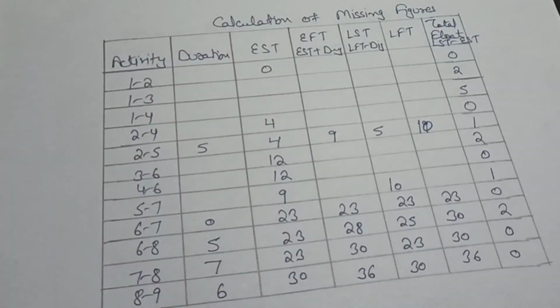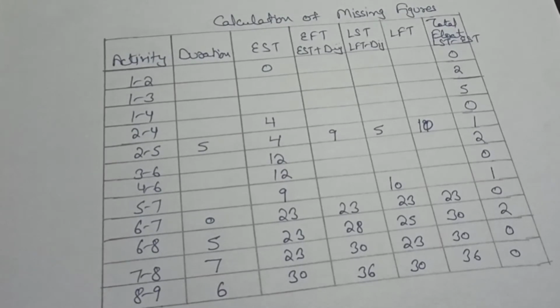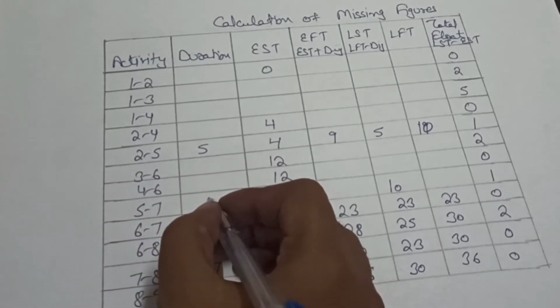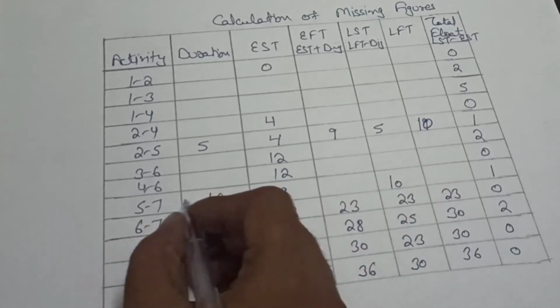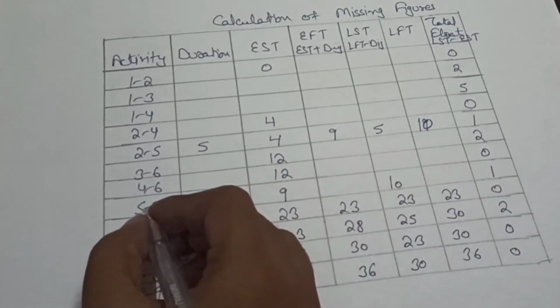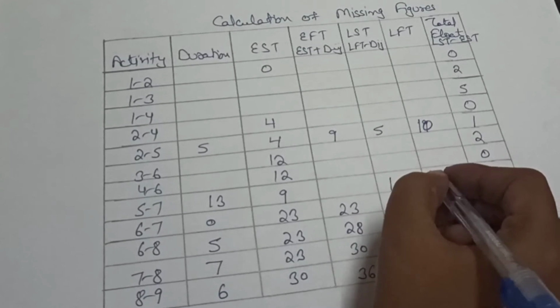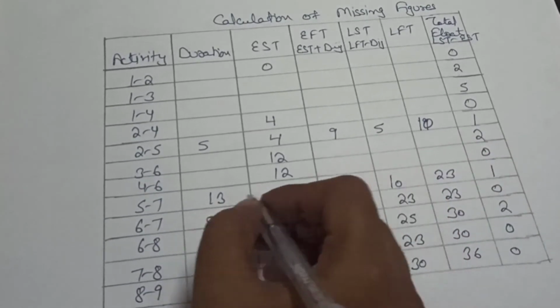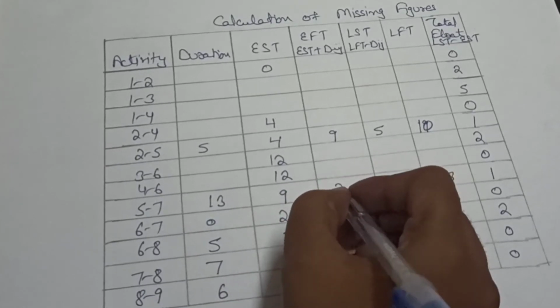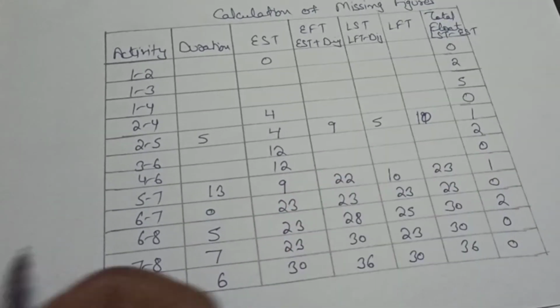Now we can calculate further points. So we will write duration 13 here. Now we will write the L value for 5 to 7. L value is 23. So we can calculate 13 plus 9 is equal to 22.